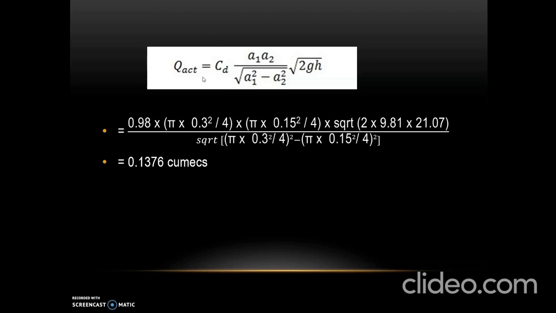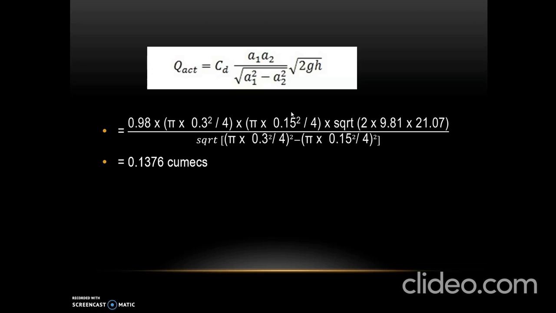Q actual is found out by knowing the value of CD, A1, A2 and the value of H. So CD is 0.98 into A1 is pi by 4 D1 square. So it is pi by 4 into 0.3 square into A2 is pi by 4 D2 square.